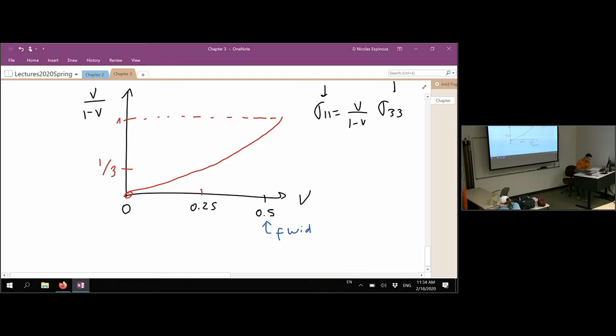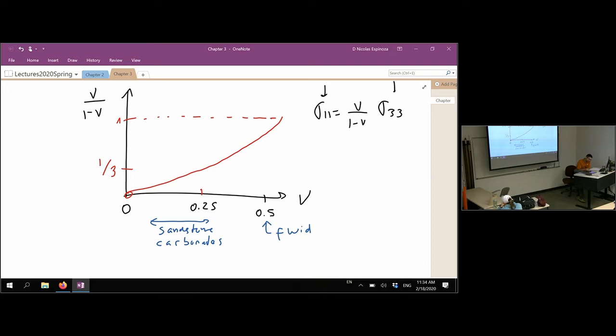For typical rocks like sandstone or carbonates, they are going to be mostly in this range from 0.1 to 0.25, and maybe sometimes 0.30.